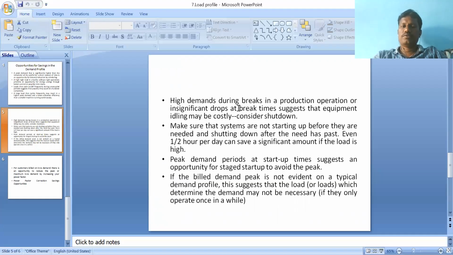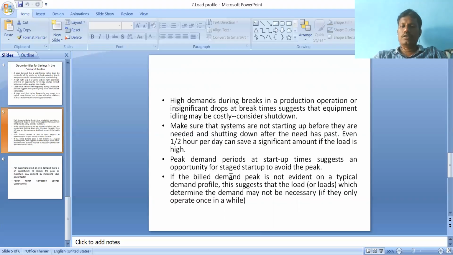Clear? Make sure that systems are not starting up before they are needed and not shutting down after they are needed. Even half an hour per day can save a significant amount if the load is high. Peak demand periods at startup time suggest an opportunity for staged startup to avoid the peak.